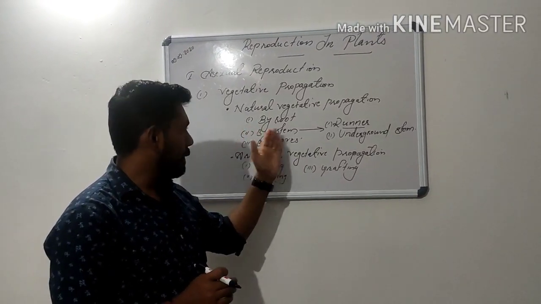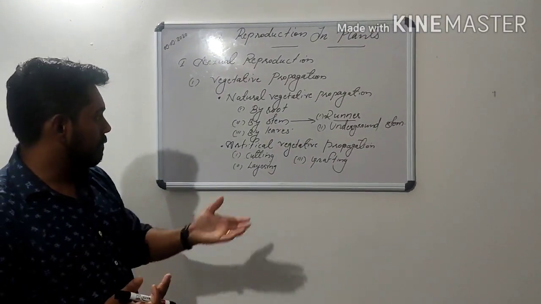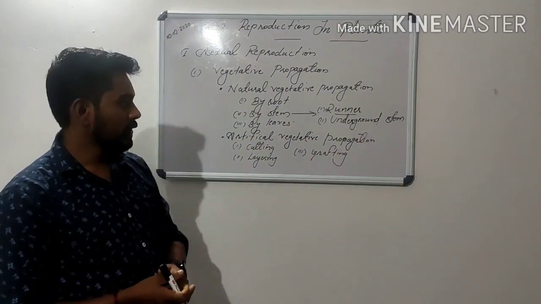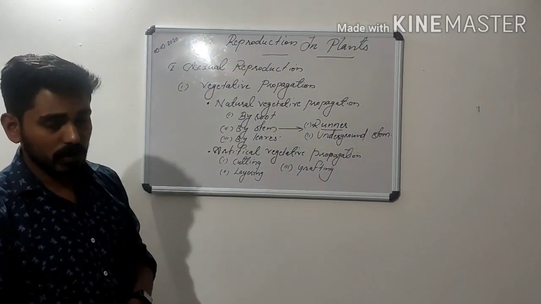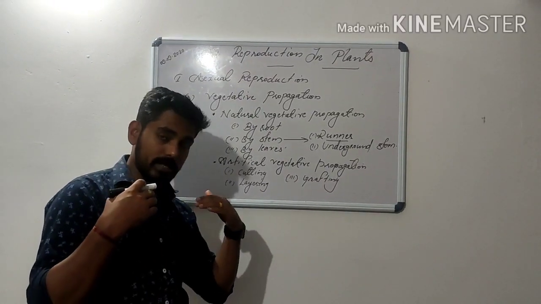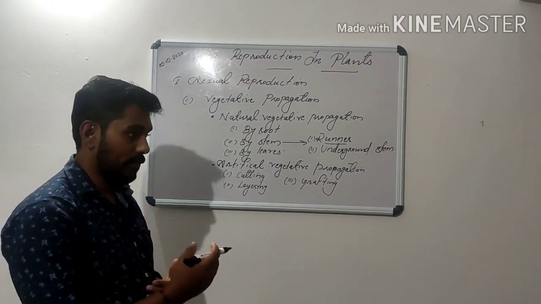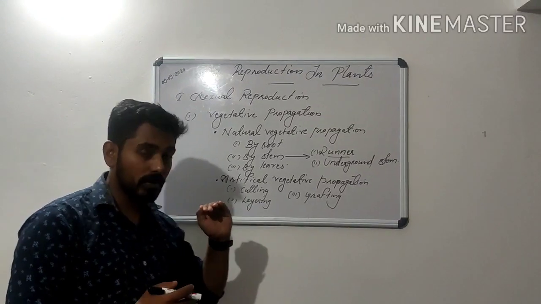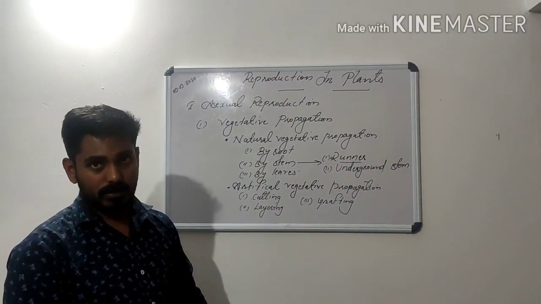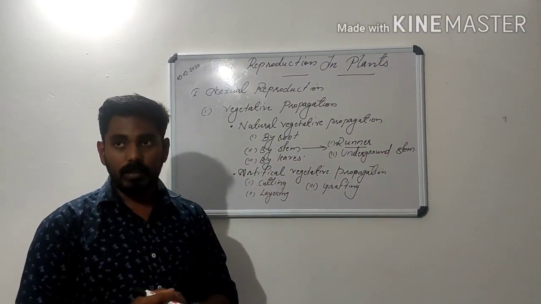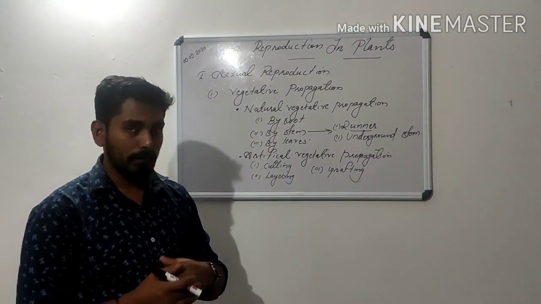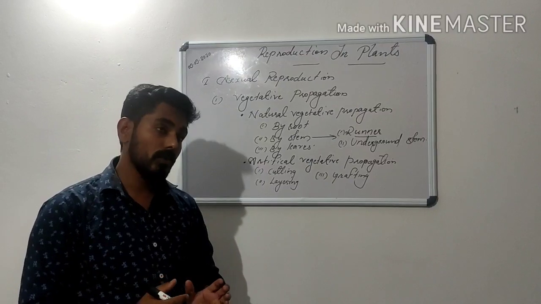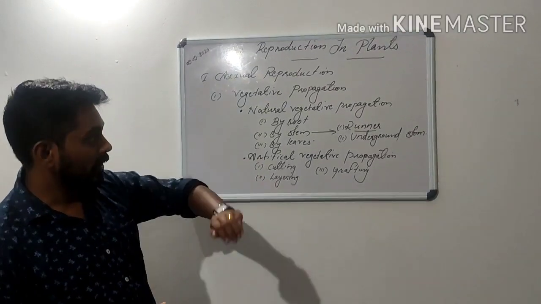Some plants reproduce by stem. The first example is the runner. A runner is a type of plant stem which grows horizontally above the ground. Usually, when we talk about plants, the stem grows upward above the ground.